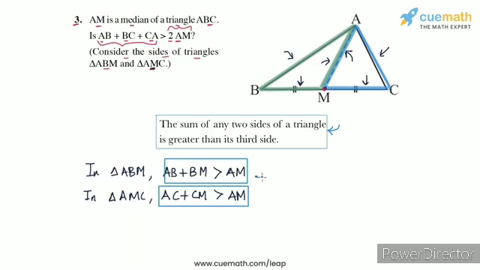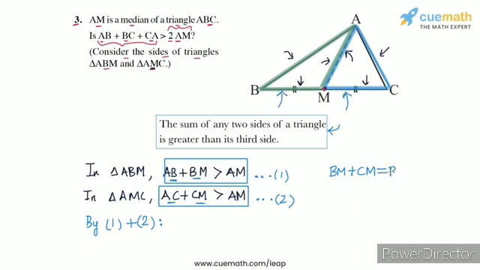So let's call this inequality 1 and let's call this inequality 2, and now all we have to do is add these two inequalities. So if we add them, then on the left side we will get AB plus AC plus BM plus CM. But we note that BM plus CM is simply this segment plus this segment, BM plus CM.